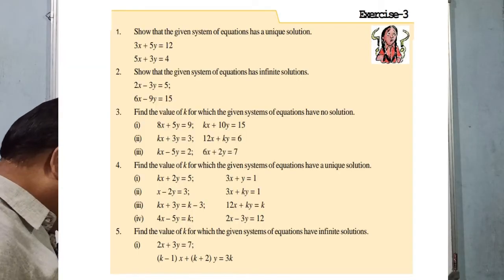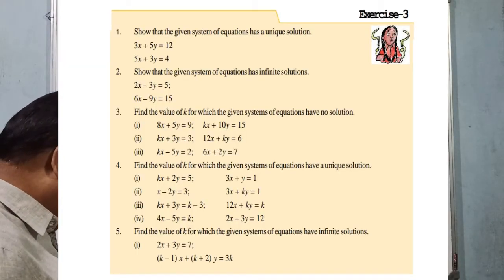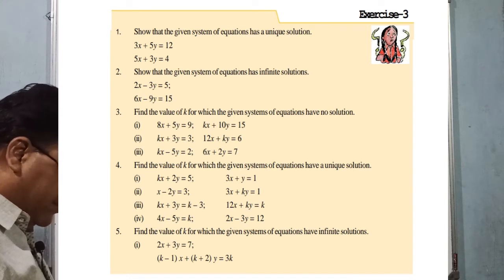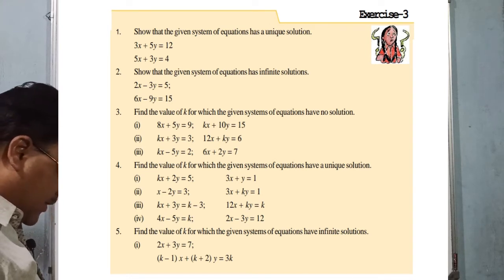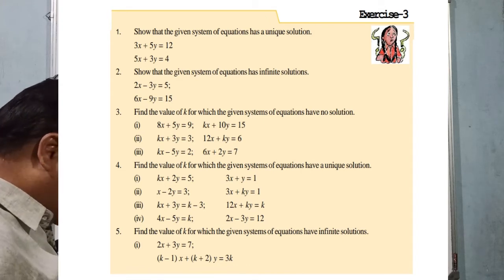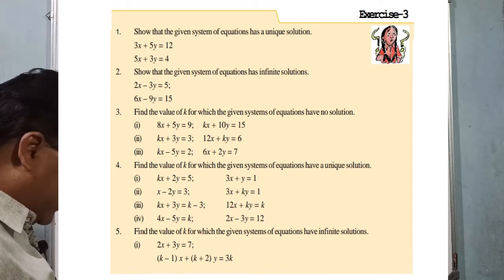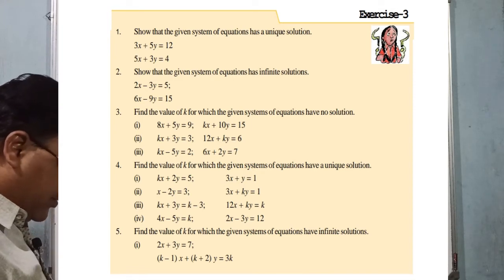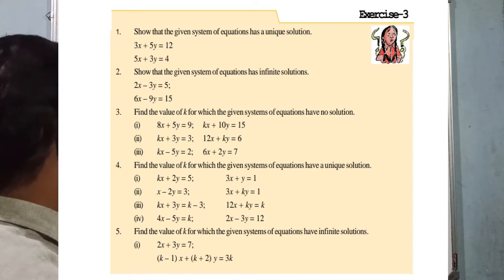Question 5 of exercise 3. Find the value of k for which the given system of equations have infinite solutions. First, 2x plus 3y equal to 7, k minus 1 x plus k plus 2 into y is equal to 3k.